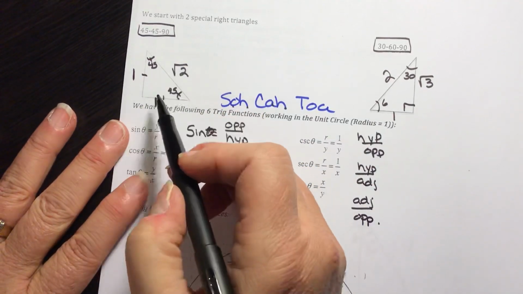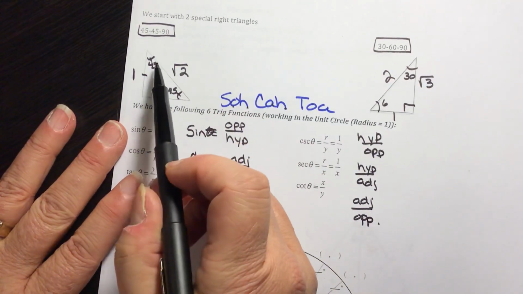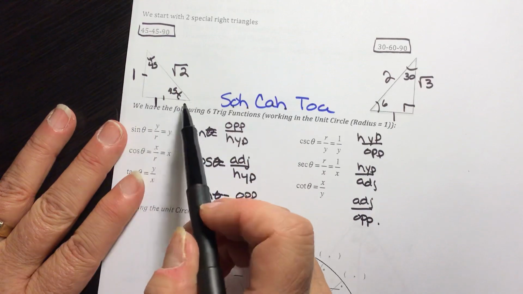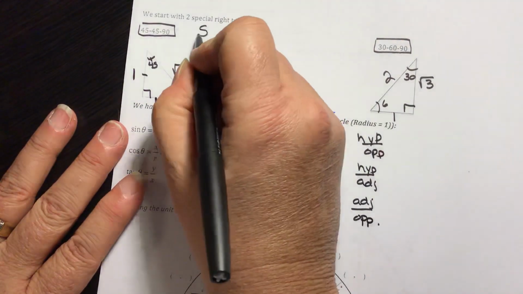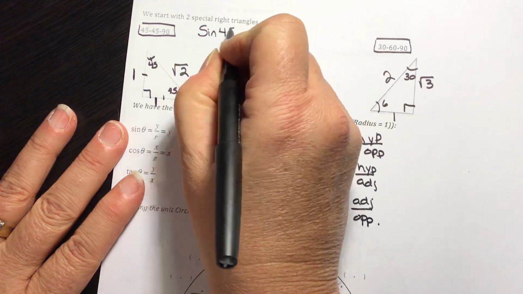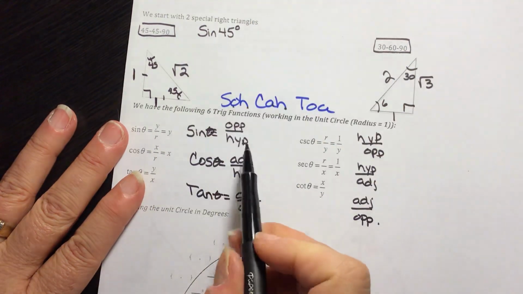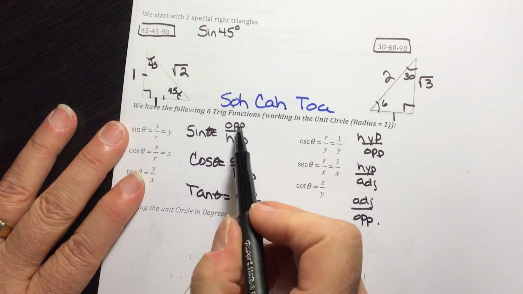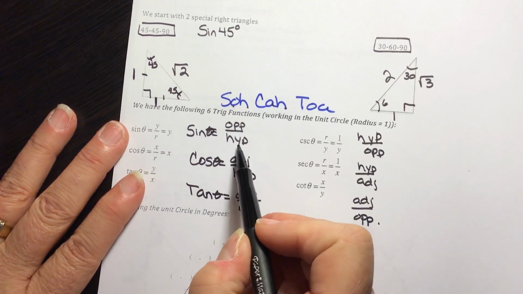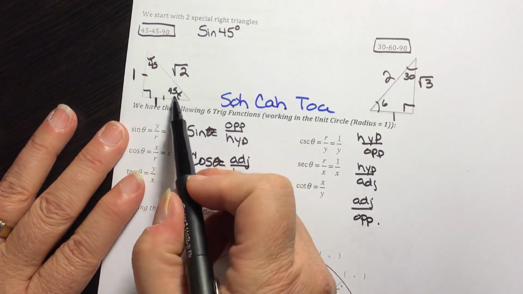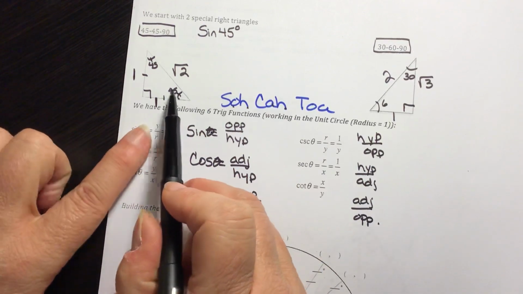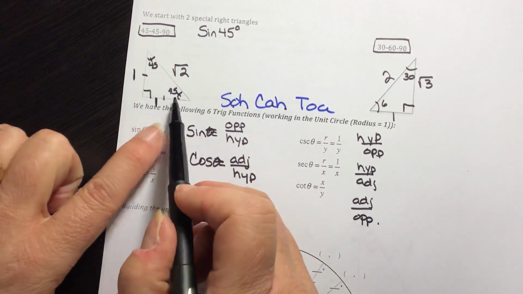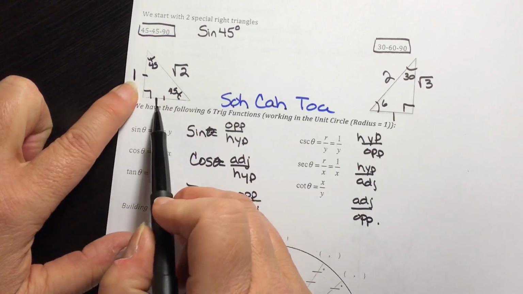So if I'm using a triangle, let's look at this 45, 45, 90 triangle. If I wanted to find sine of 45 degrees, I'm going to look for the sides that are opposite and the hypotenuse of this 45-degree angle. It doesn't matter which one I pick because the side opposite is the same.